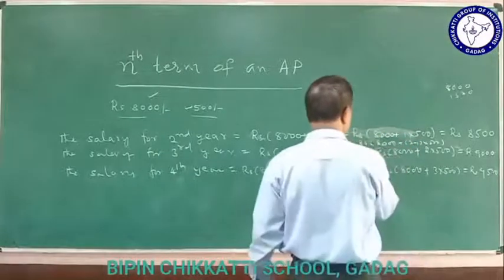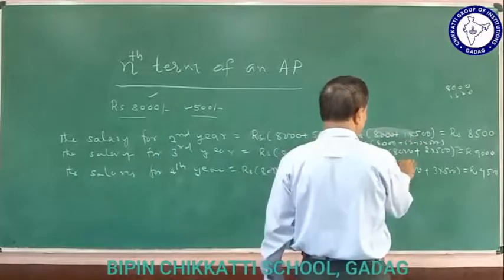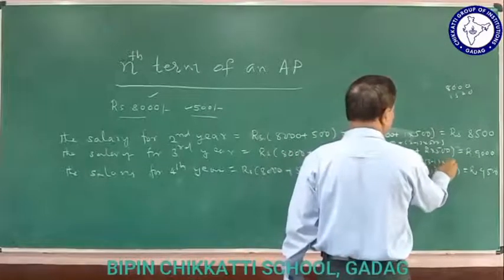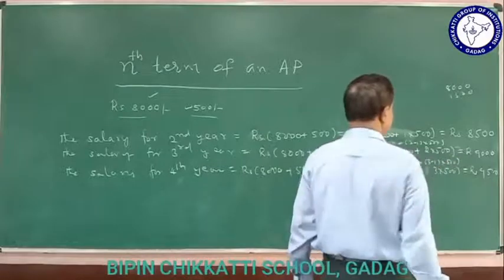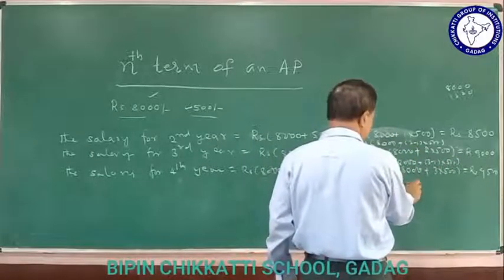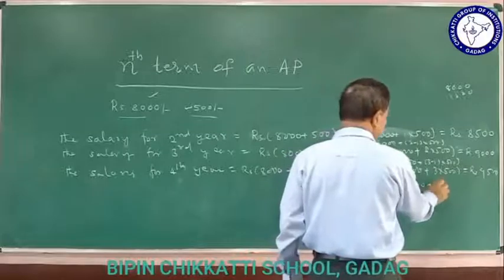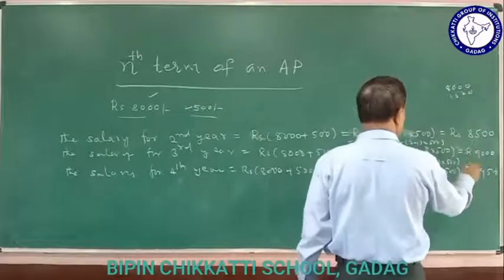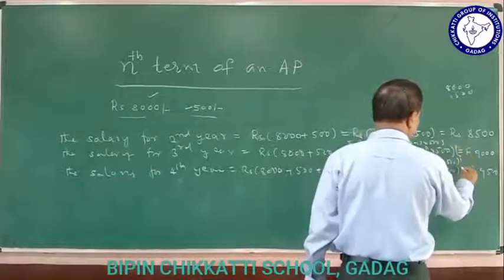For the third year, it is Rs 8,000 plus (3 minus 1) into 500. For the fourth year, we write Rs 8,000 plus (4 minus 1) into 500. The result is the same.